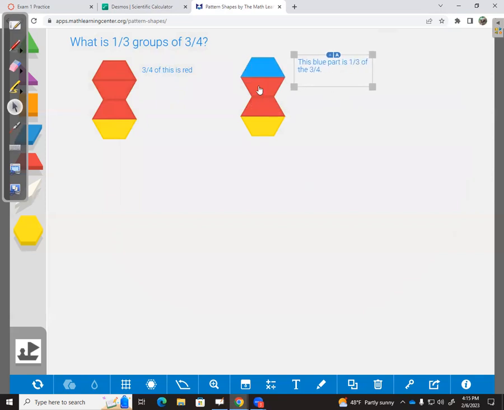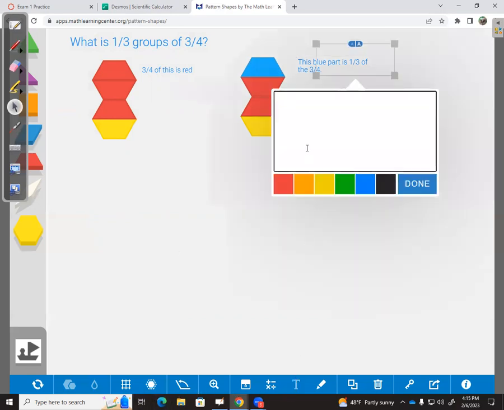Now, I'm not quite done because, again, I haven't fully answered the question. I've identified what 1/3 is, but it's got to be part of a whole. So back here, I have my whole. 2 hexagons was a whole. That blue piece I can see is 1/4 of the whole. So that would be my final answer.